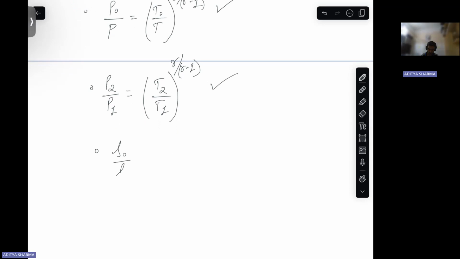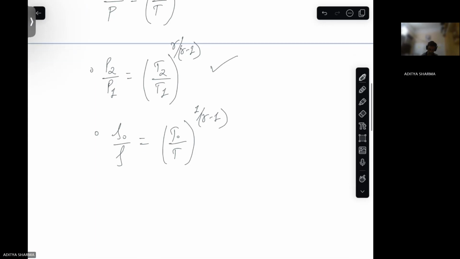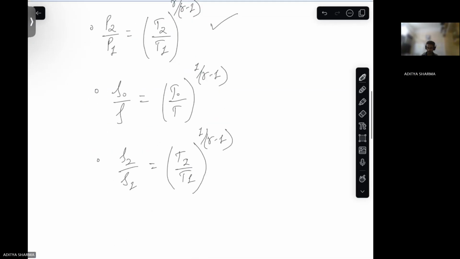Then for your density, the relation goes like this, with exponent 1 by gamma minus 1. So rho 2 by rho 1 is T2 by T1 to the power 1 by gamma minus 1. So these basically are your isentropic relations.